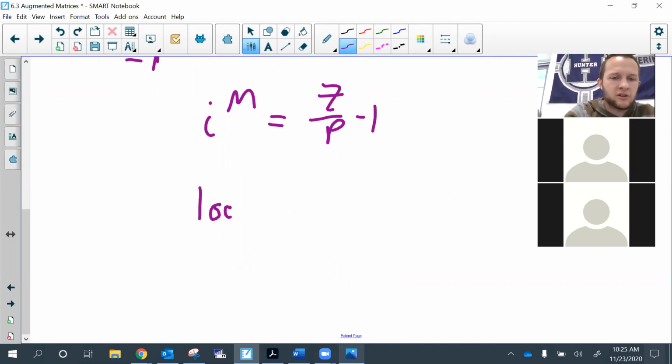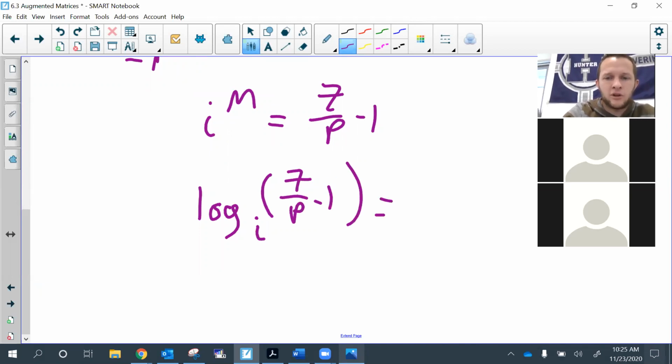What will the base of this log be? It's going to be the I. Yeah, it's whatever the base of the exponential is, the base of the log. And then Z over P minus 1 is going to equal M. So basically, you isolate your exponential, you rewrite it as a log, and that's how you're going to solve for M.